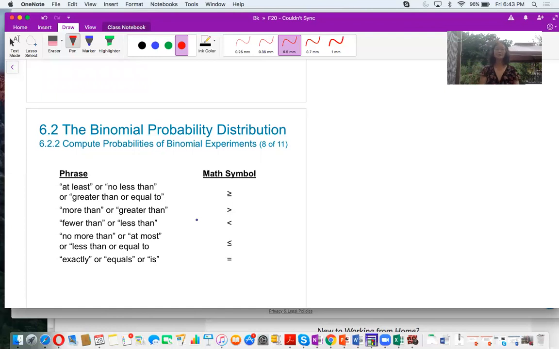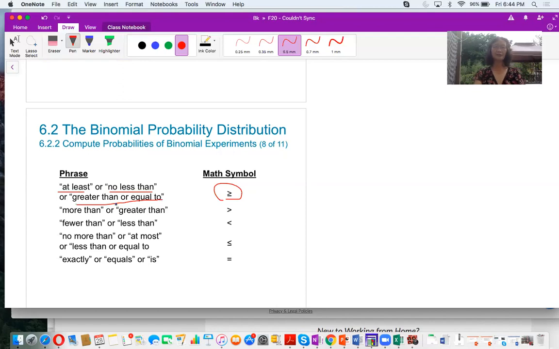Let's review commonly used mathematical symbols. If you have at least, no less than, use this symbol, greater than or equal to.